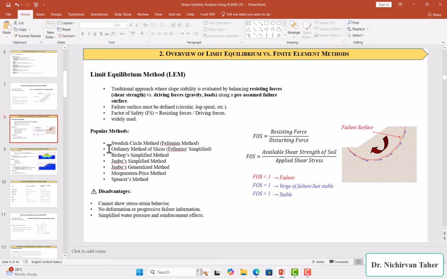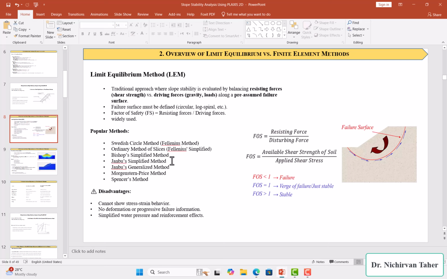There are many popular methods which are based on limit equilibrium method, such as Swedish circle method, ordinary method of slices, Bishop's simplified method, Janbu's simplified method, also Spencer's method, and some other methods as well.